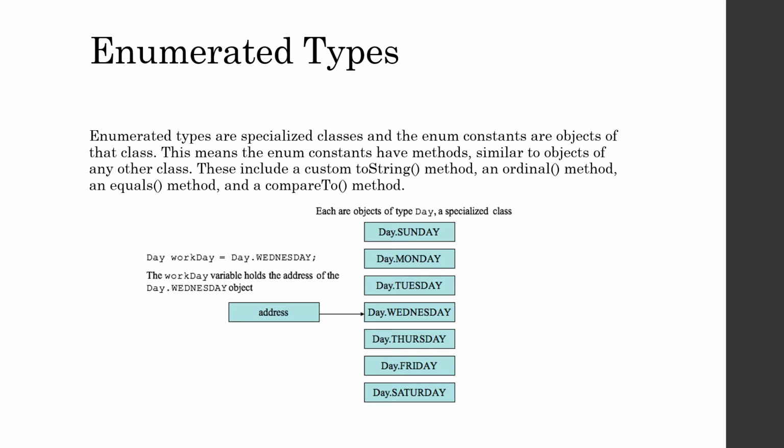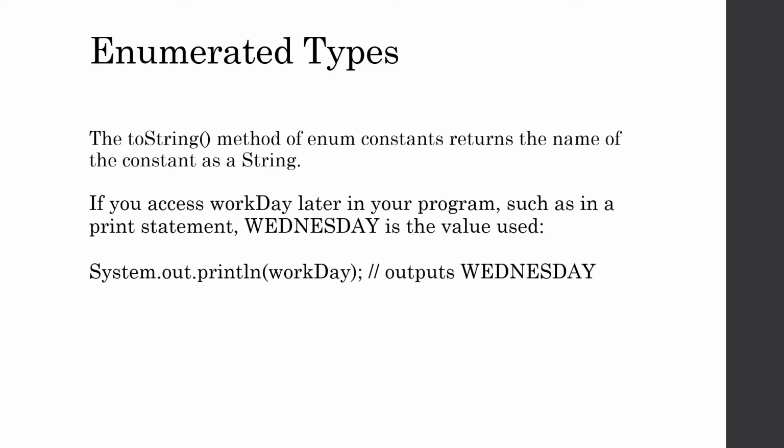So now that we've seen this, let's go ahead and take a look at some of these different methods we can use. So to start off with, we'll just go ahead and look at the toString method. So the toString method of enum constants will return the name of the constant as a string. If we try to access workday later in our program, such as in a print statement, then Wednesday is going to be the value used. So if we go ahead and do something like, say, just System.out.println(workday), the output is going to be Wednesday.